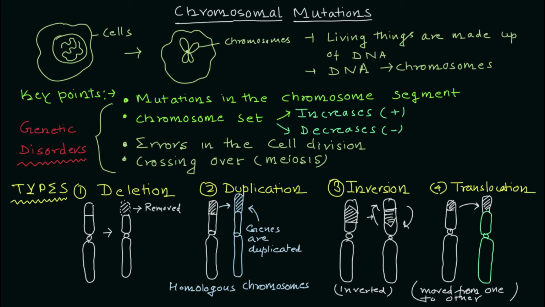Here we discussed the change in the segment, where deletion, duplication, inversion and translocation are chromosomal mutations, where the chromosome may lose its segment, or the segment will be duplicated, or the position or location of the segment is going to change.